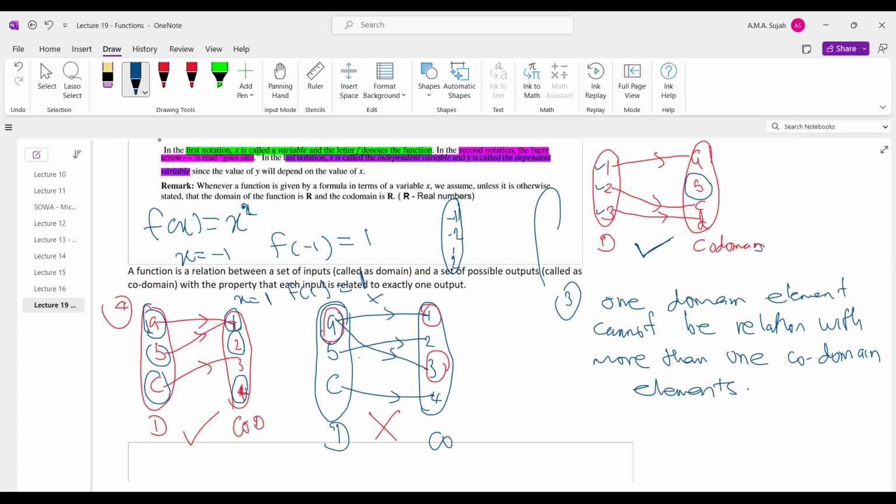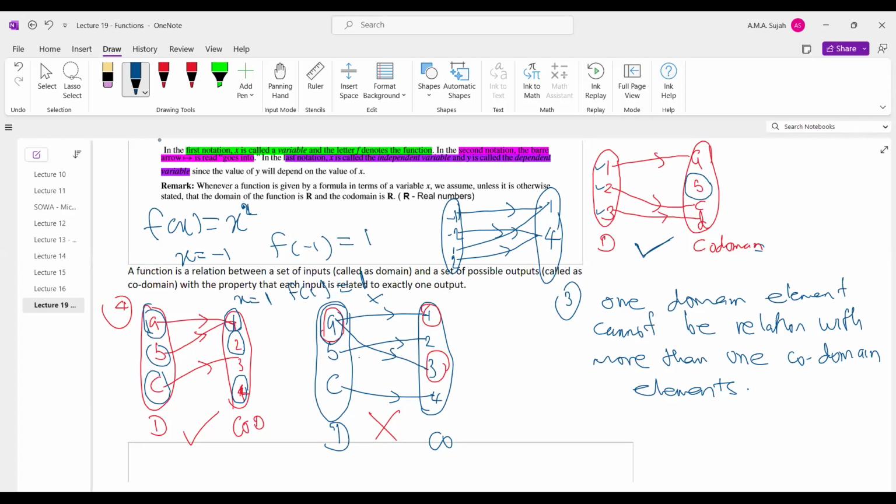What about my codomain? 1, and -2 to the power 2 is 4. Now my input -1 takes this one, +1 also takes this one, -2 takes this one, +2 takes this one. Two inputs, -2 and +2, have the same output 4. That is possible. But it cannot be possible for one domain element to have a relation with more than one codomain element, which would mean one input has two different outputs.